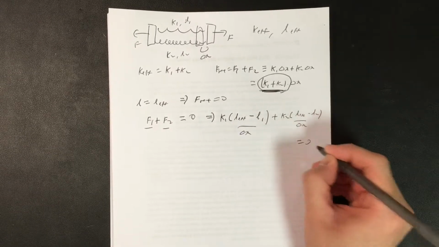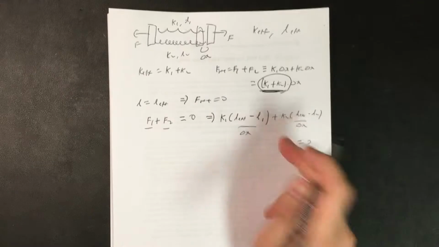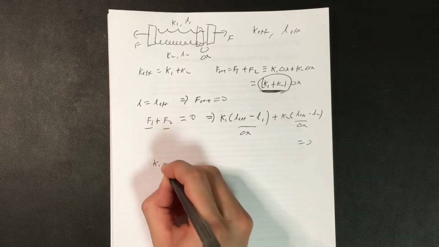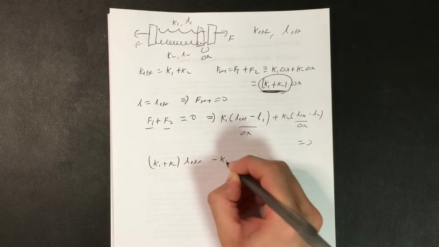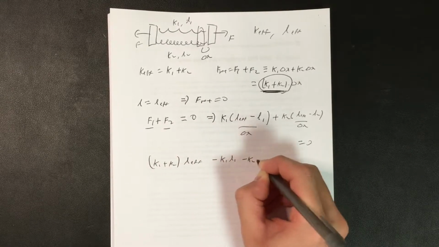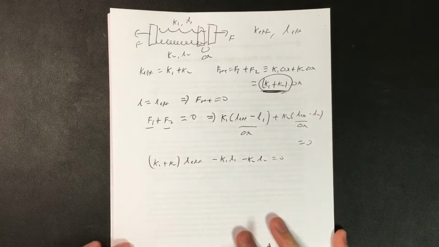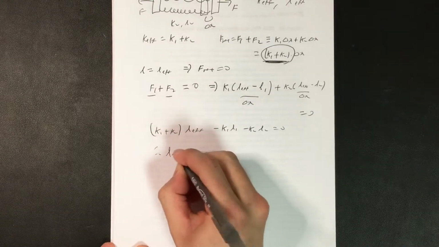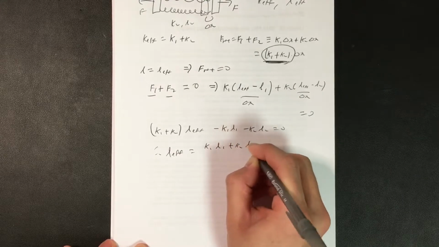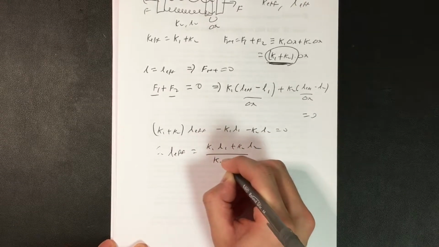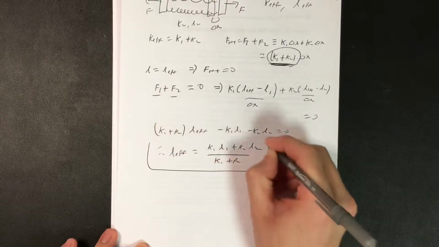And this should equal 0. And therefore, solving for L effective, I get K1 plus K2 times L effective minus K1 L1 minus K2 L2 equals 0. Therefore, L effective would be K1 L1 plus K2 L2 divided by K1 plus K2.